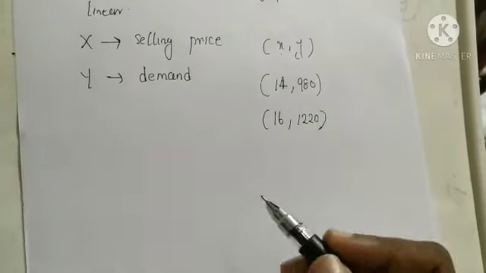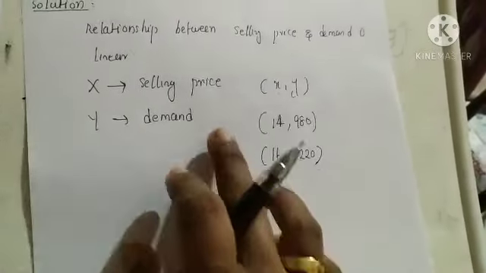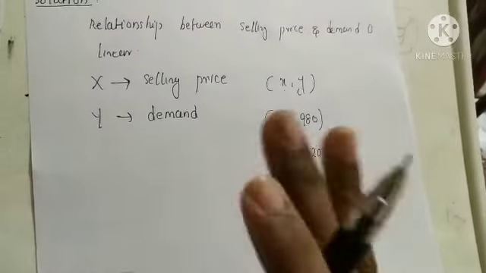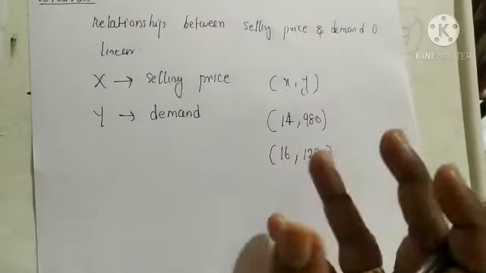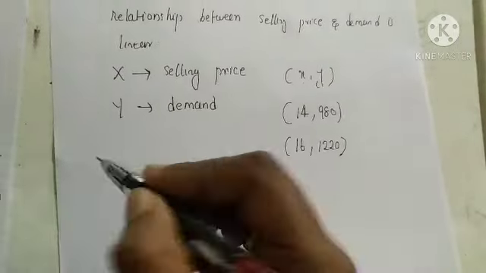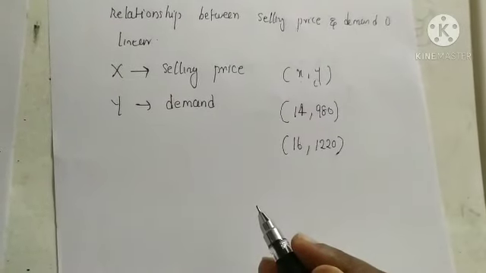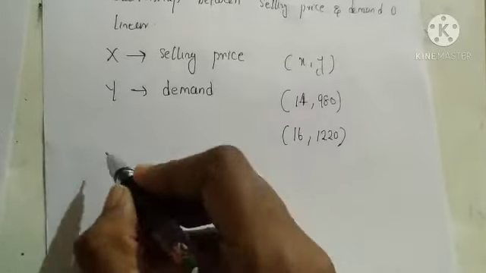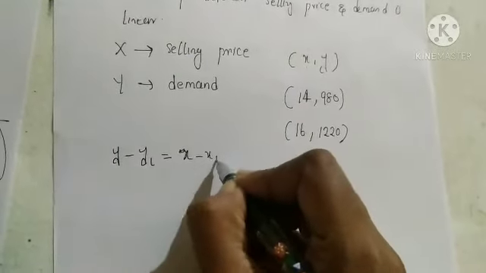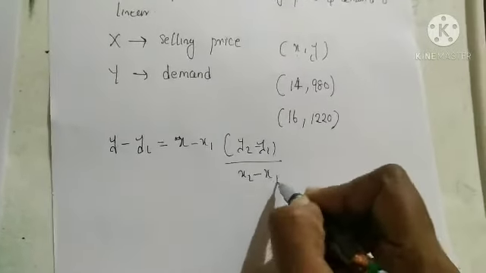Okay, so next I am going to find out the linear relationship between selling price and demand using equation of line, and we have only 2 points. So the equation of a line having 2 points can be found by the equation of line in 2-point form. And what is that? y minus y1 is equal to x minus x1 into y2 minus y1 divided by x2 minus x1.